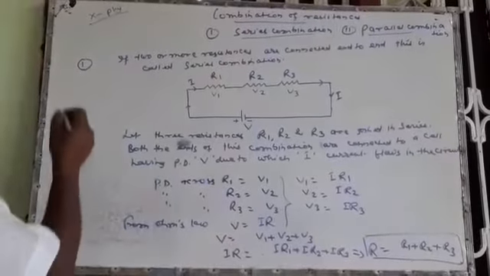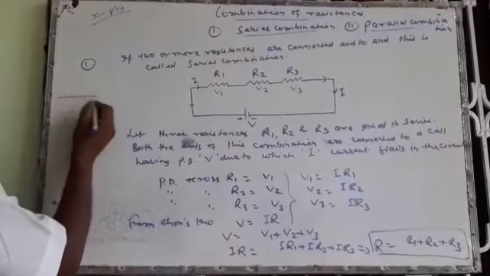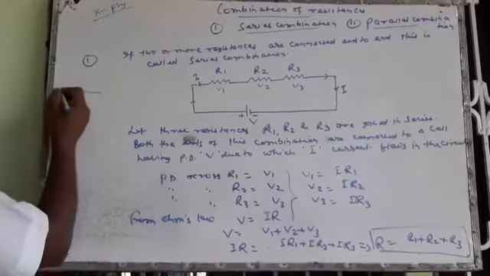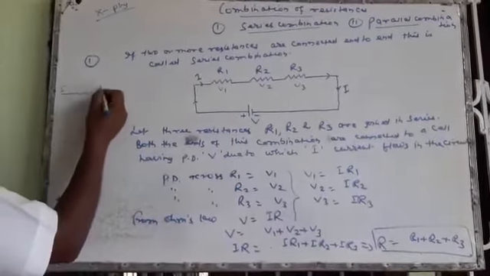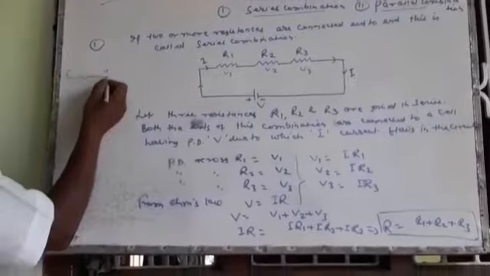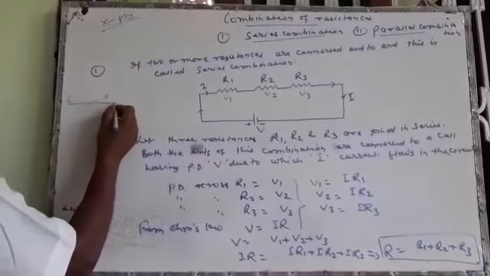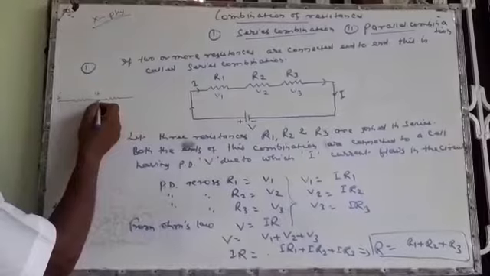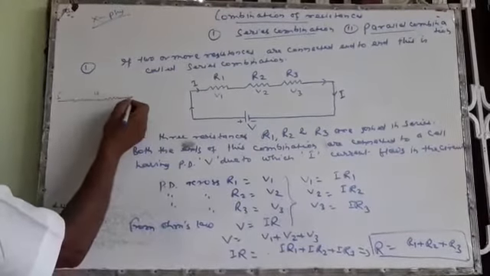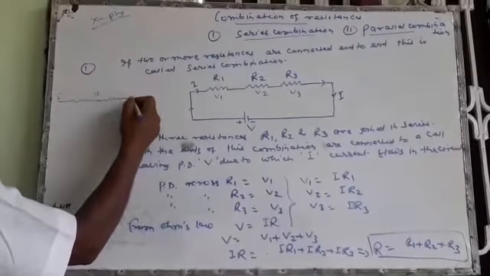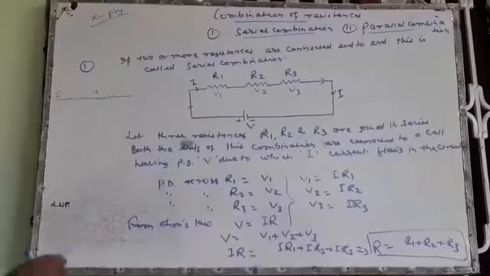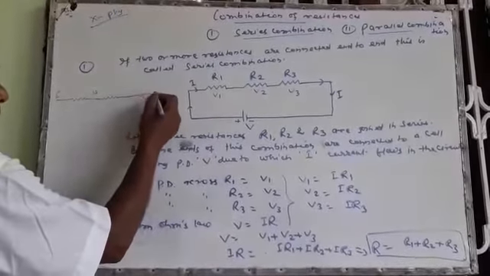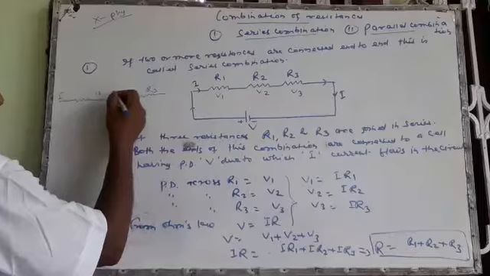Series means if I have 3 resistances, the second end of the first resistance is connected to the first end of the second resistance, and the second end of the second resistance is connected to the first end of the third resistance.